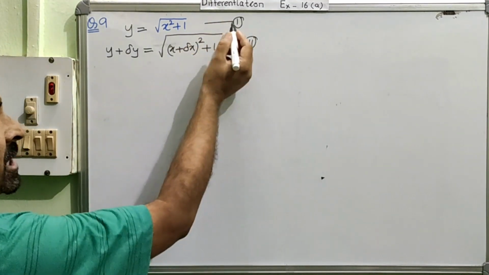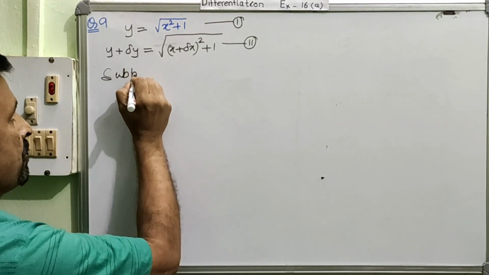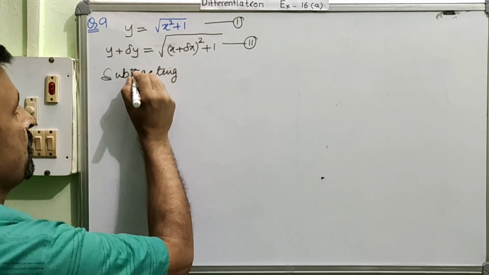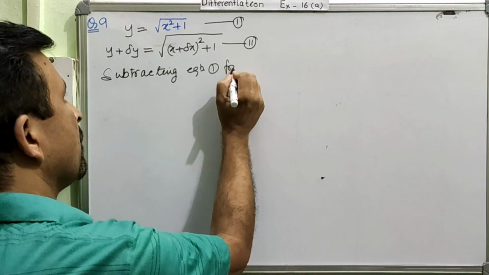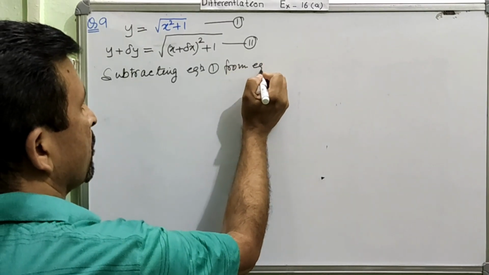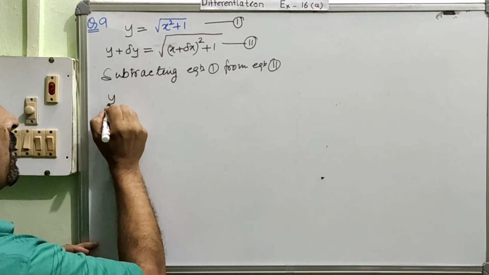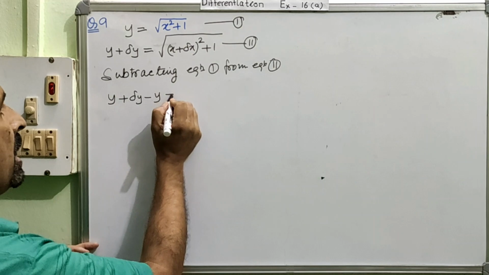We are going to subtract equation number 1 from equation number 2. So subtracting equation 1 from equation 2, what do we get? y plus delta y minus y on the left side.